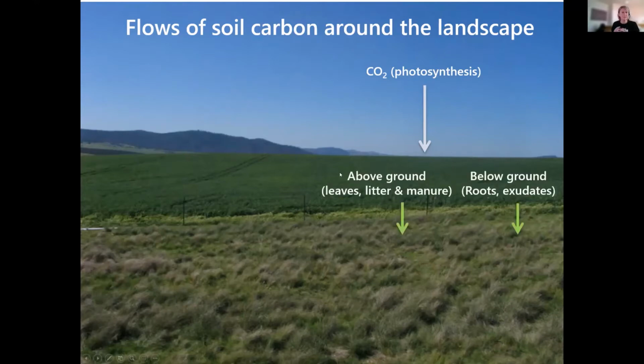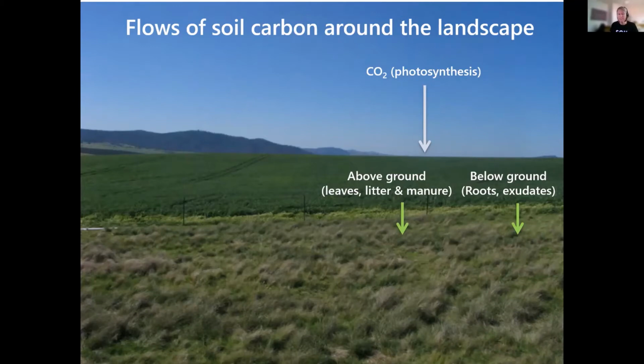Now, this turns carbon from a gas in the atmosphere into glucose or energy within the plant, which the plant can then use to grow leaves and stems above ground, or it might go below ground in the form of roots and root exudates. Approximately 60% of the total carbon that's sequestered through this process actually goes below ground.